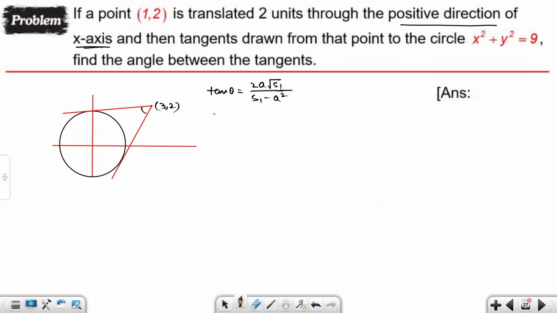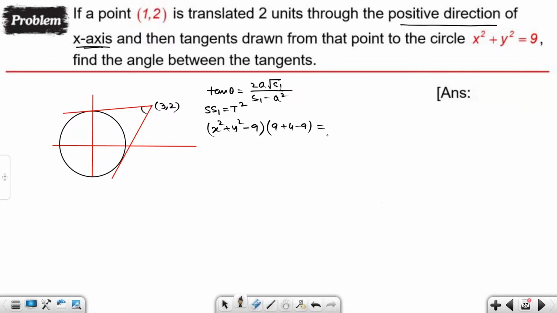The combined formula we all know is S S1 equals T square. The equation of the circle is x square plus y square minus 9. This is your S. So what will be your S1? Simply in place of x and y, you put 3 and 2. So it's 9 plus 4 minus 9 equals T square.